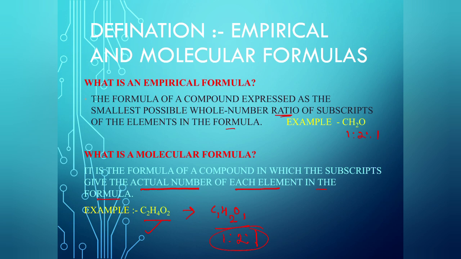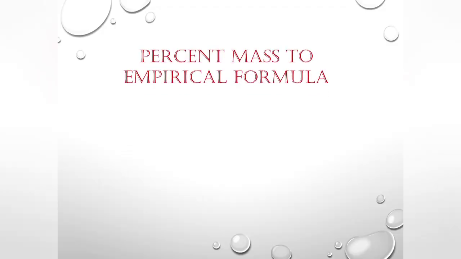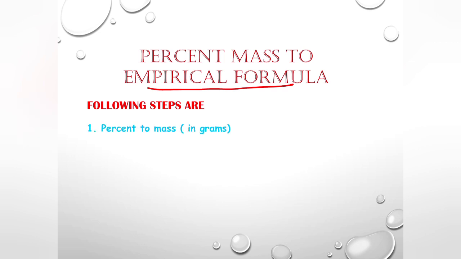Now our topic is, if the percentage of an element is given in the form of composition, then how do we calculate the empirical formula. For this calculation we follow some steps. The first step is percentage to mass. If some elements are provided in percentage form, in the first step we convert the percentage into mass, in grams.